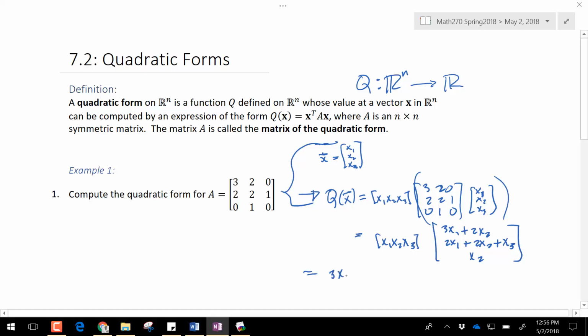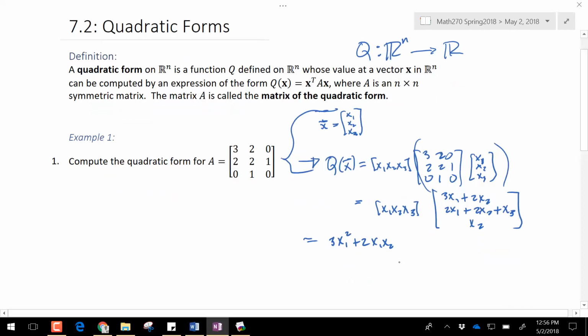So this is going to be 3x1 squared plus 2x1 times x2 plus 2x1 times x2 plus 2x2 squared plus x2 x3 plus x2 x3 again.